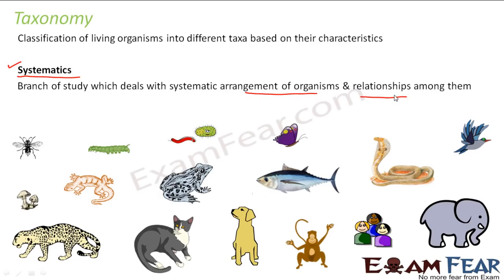You can use the words taxonomy and systematics as synonyms of each other because they more or less mean the same thing. But when I say systematics, this is the name given to that branch of study.